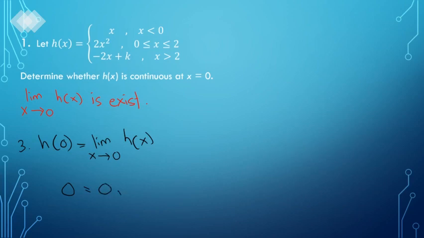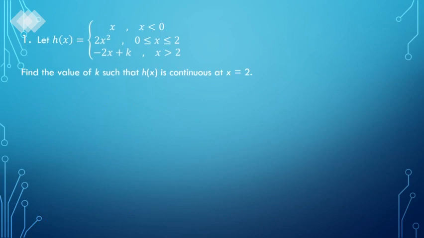So it is equal, so only then we decide. So we write h(x) is continuous at x equals 0. So it must involve 3 conditions and all three must be fulfilled. Okay, finish for number 1.